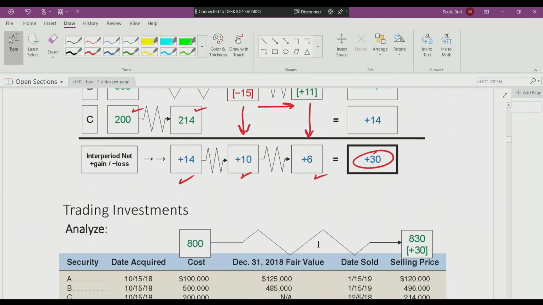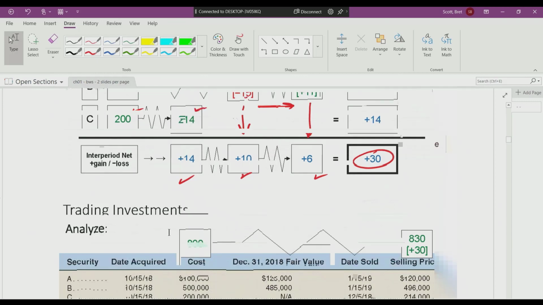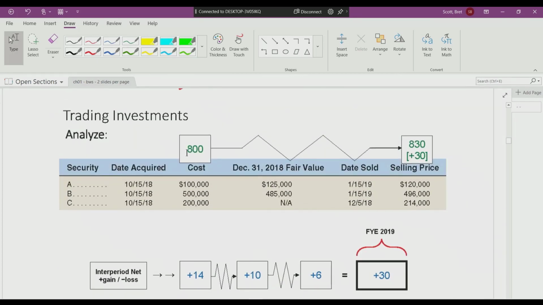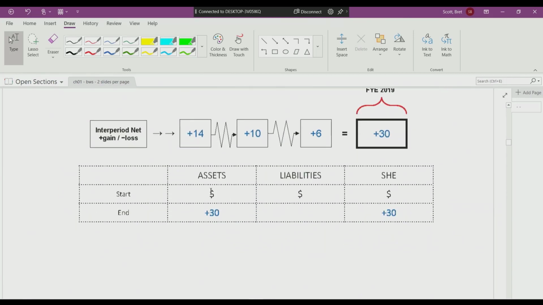Now, overall, we can see that the total initial investments in the securities started off at 800,000. If my computer will catch up with me here, it starts off at 800,000 and then ends up at 830. Just going to sum up the cost and sum up the sales price. There's an overall gain of 30. I'm kind of summarizing it below.